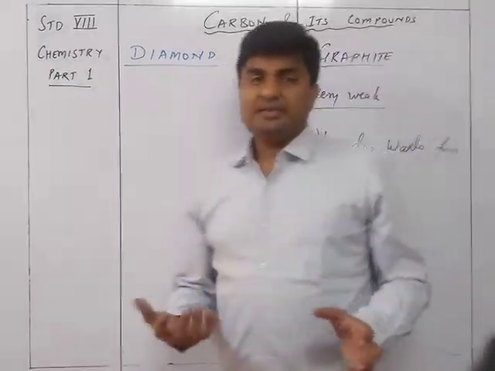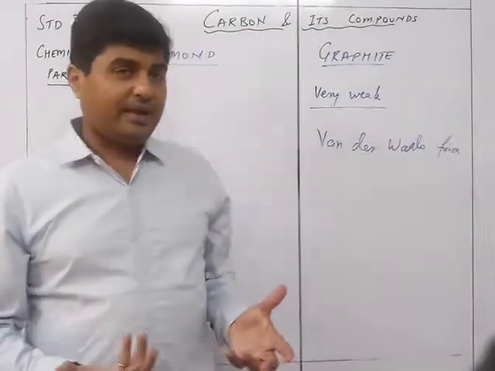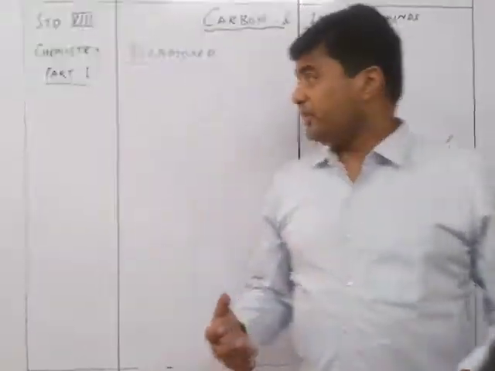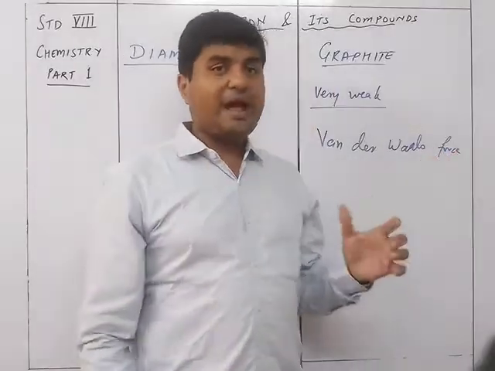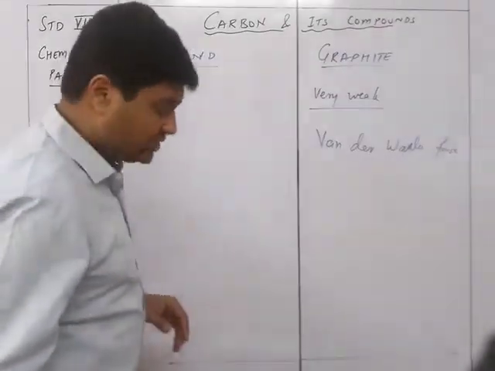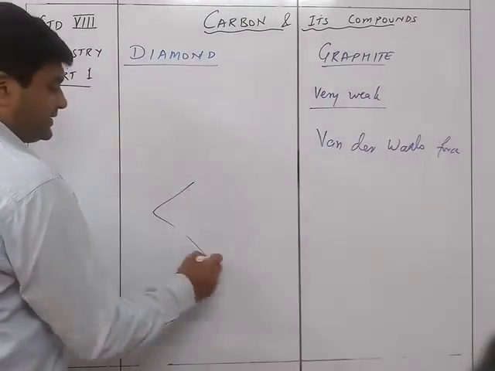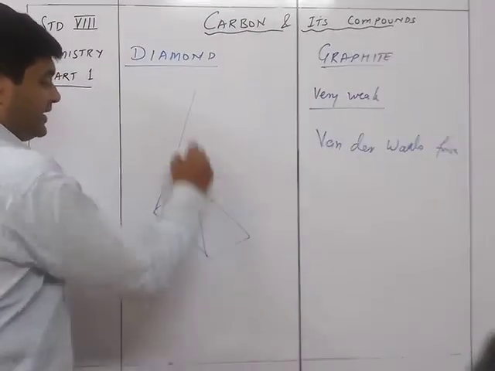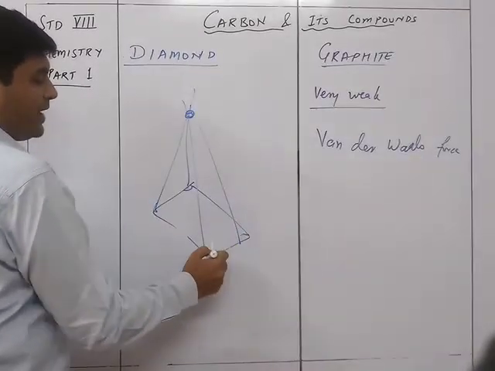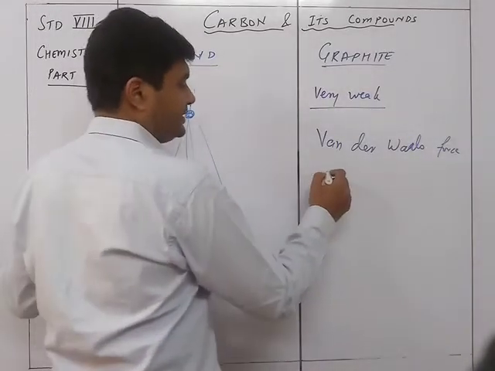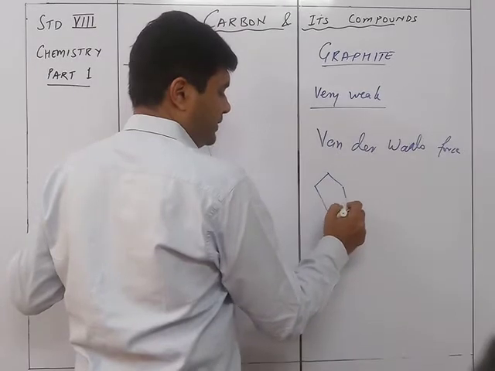So this gives you the idea of how the formation of diamond and the formation of graphite takes place. Diamond has a tetrahedral structure, so a tetrahedron is formed here, and then they are connected to the top exactly over here. This is the connection you have in the case of diamond. Whereas here it is hexagons that are formed.